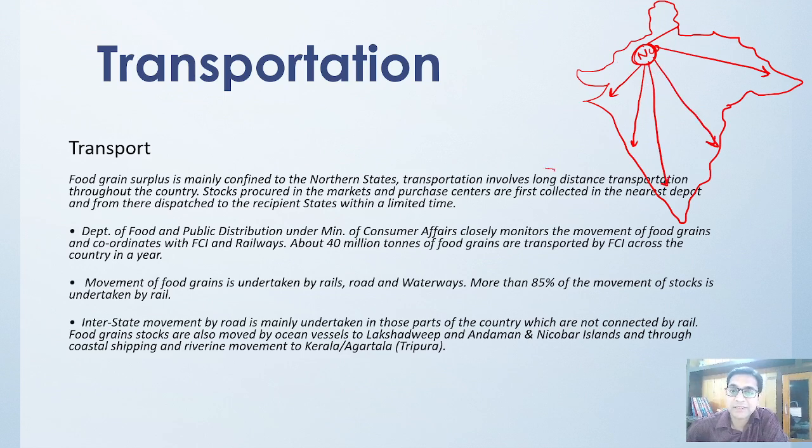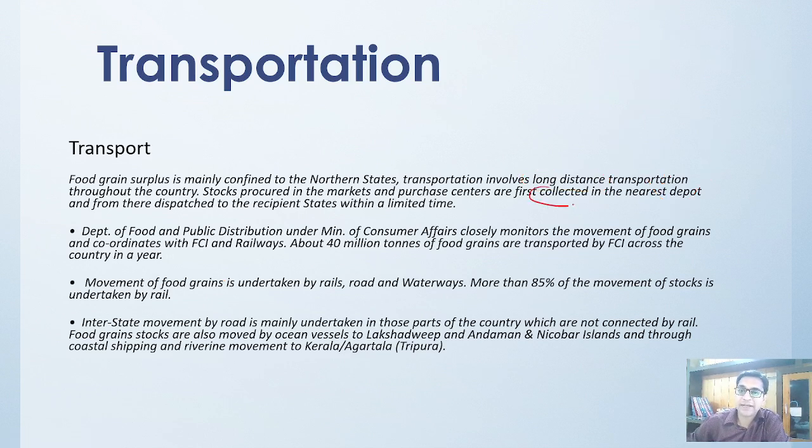We have to transport these food grains to each and every part of India. So this is a long distance transport that is needed throughout the country, and we have to purchase the stock and keep it at certain centers. First, the stock has to be collected and sent to the nearest depot, and from there it has to be dispatched to various other locations.